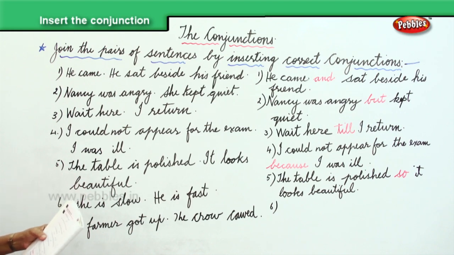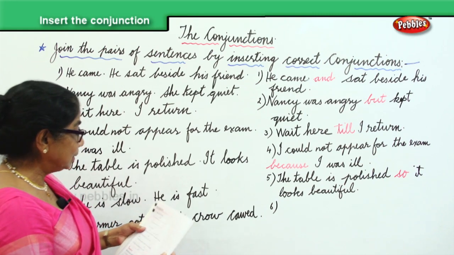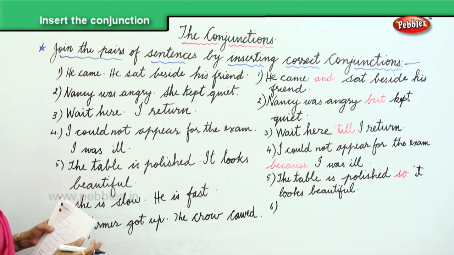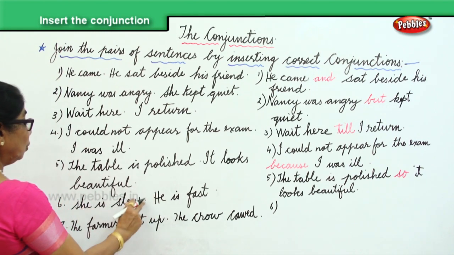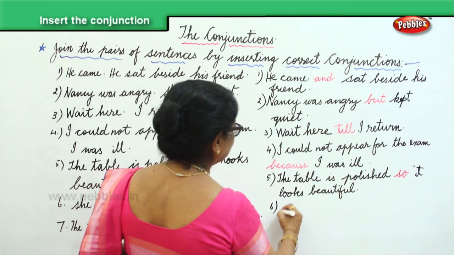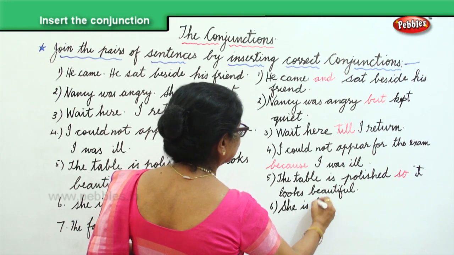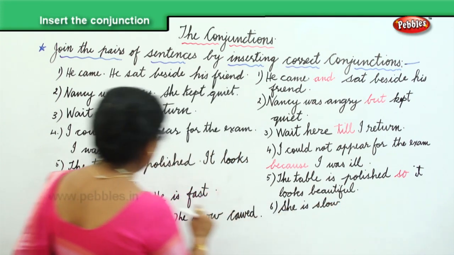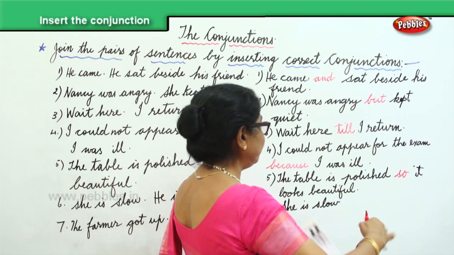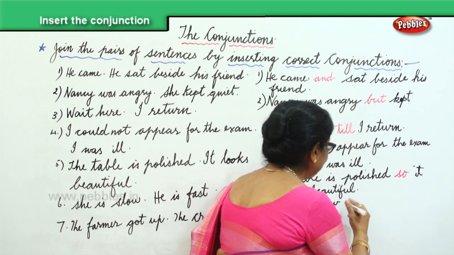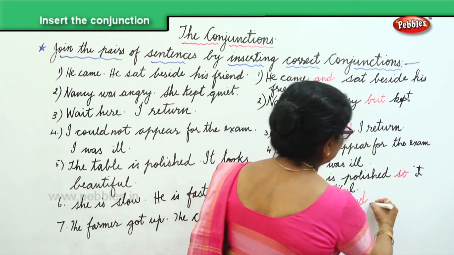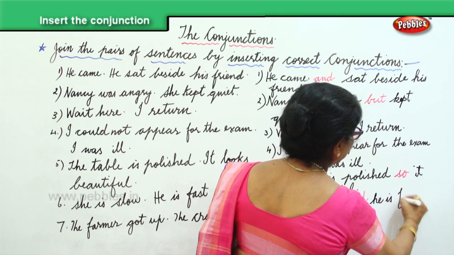So what will that be? You can say she is slow and he is fast.